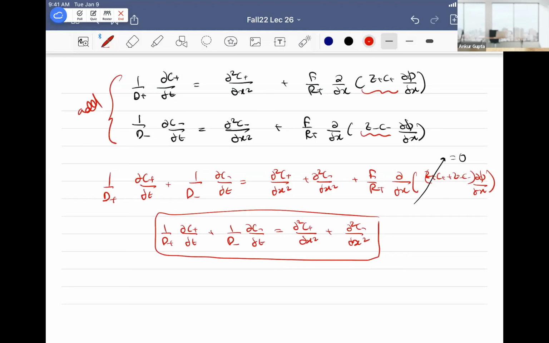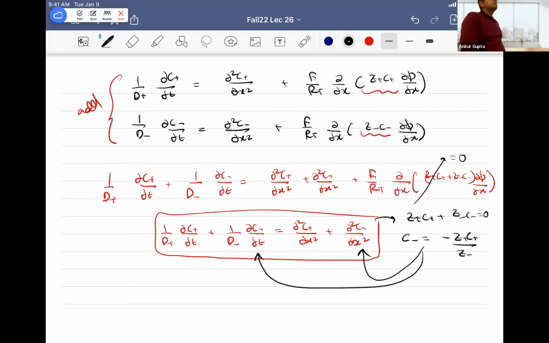Do we know a relationship between C+ and C−? Yes, we know Z+C+ is equal to −Z−C−. So Z+C+ plus Z−C− is equal to 0, or C− is equal to −Z+C+ by Z−, right? So I can substitute this back here.